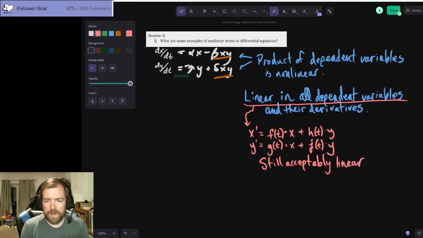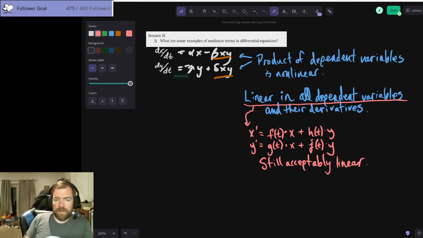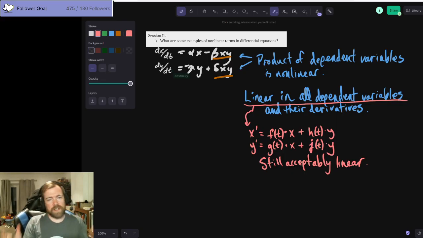Okay, so this particular setup here is still acceptably linear, where our derivative for x can have functions of t times x and functions of t times y, as well as our y derivative. So this is still going to be acceptably linear.